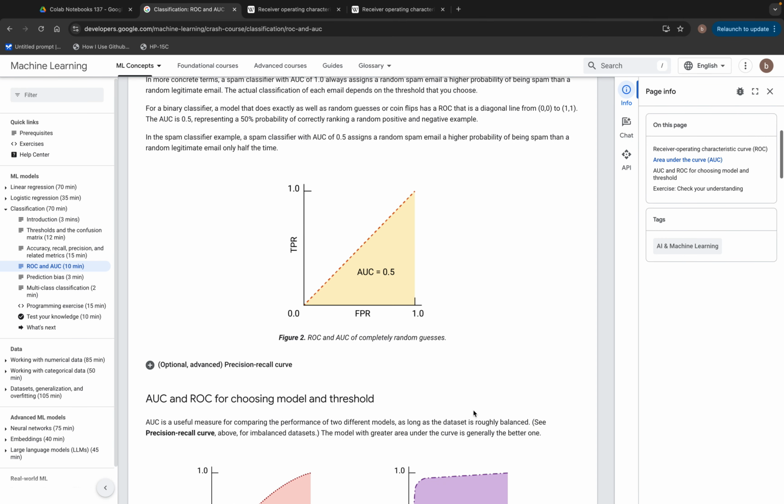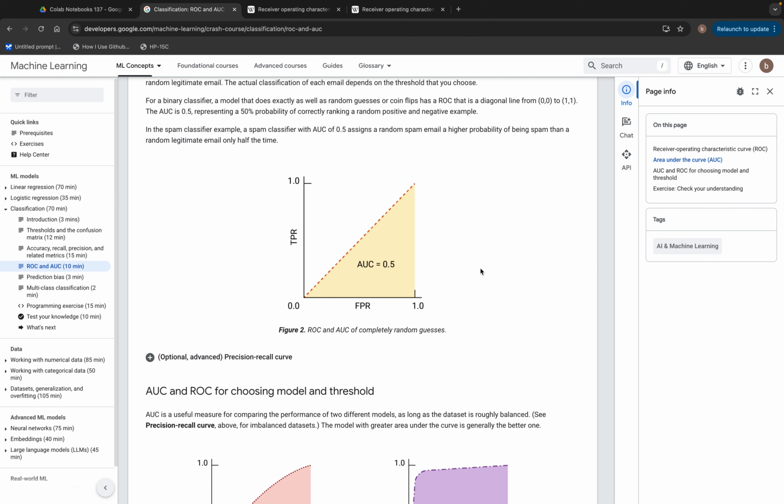Let's move our way down to here. This is important. An area under the curve of 0.5 is basically like a coin toss. That's a terrible model. So if you do a calculation, or you're reading a paper and you see the AUC is around 0.5 or 0.6, you know it's a pretty terrible model. What does it mean when it's like 0.4?